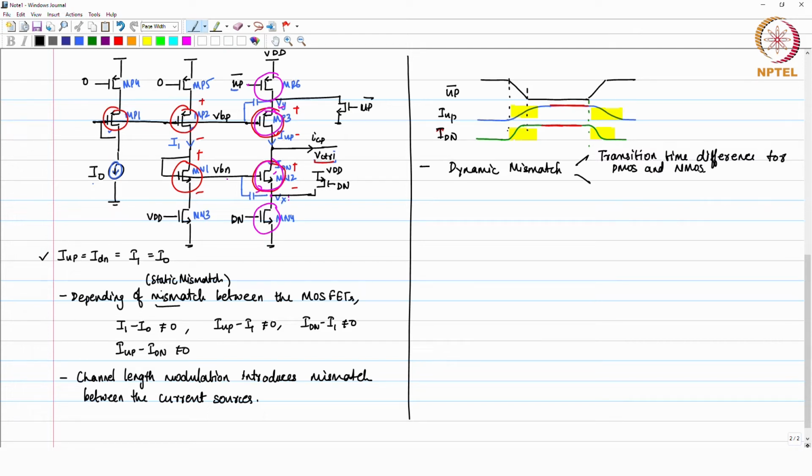Another thing is when your control voltage is changing. In a steady state, if the control voltage remains fixed, then the current source will always remain fixed. But every reference clock, or depending on the feedback required, the control voltage may have a ripple. Let us say this ripple is not because of the charge pump, the ripple is because of the other things in the PLL.